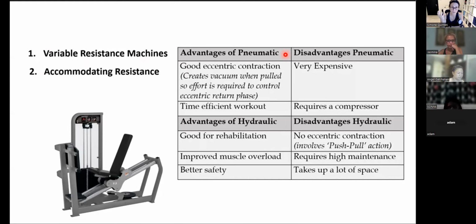So it's pneumatic. I need to practice this to pronounce, very difficult to say. Okay. And you also have hydraulic, and you also have electric. So that one is also another one. And you also have other machines, as I mentioned before, where they're doing isokinetic exercises, which are super, super expensive. So basically you can go through this one by yourself.